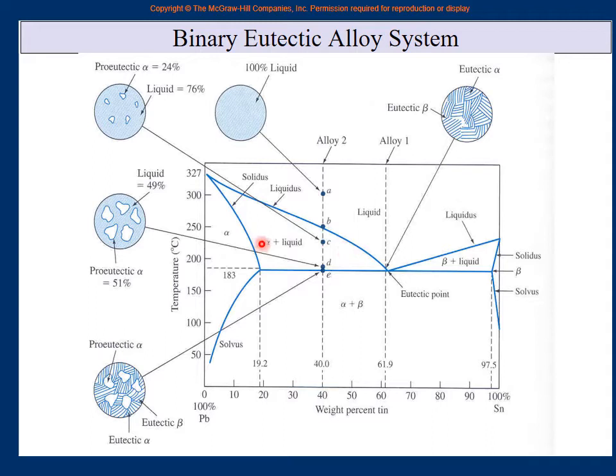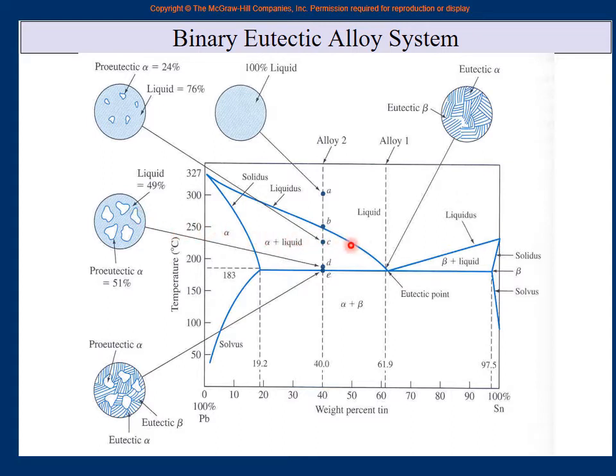For the second answer, you draw a tie line here, see where it cuts the liquid, find the composition, and where it cuts the solid, find the composition. So the second answer is the composition of the solid phase and the composition of the liquid phase. Note down those values. For the third part, you draw the same tie line as your lever rule.